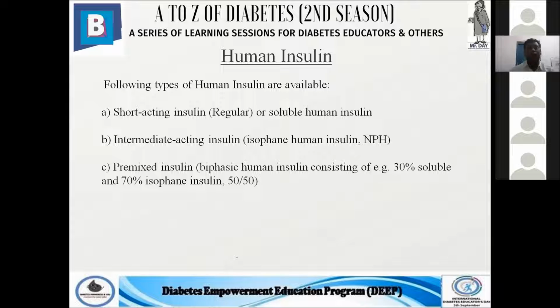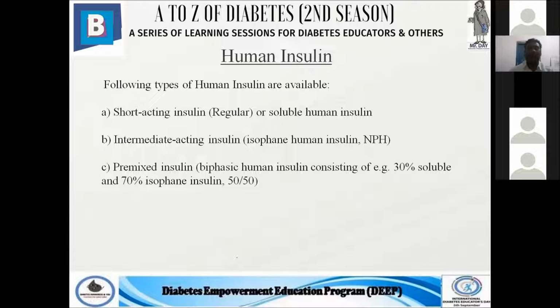Human insulin may be of the following types. Short acting, we call it regular or soluble human insulin. We use this insulin as a prandial form, and it should be taken just 20 to 25 minutes before the meal. We will discuss the time at which each insulin should be taken. One is the intermediate acting insulin, that is isophane or NPH insulin.